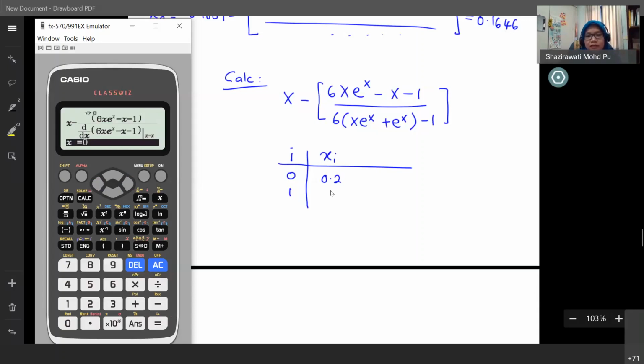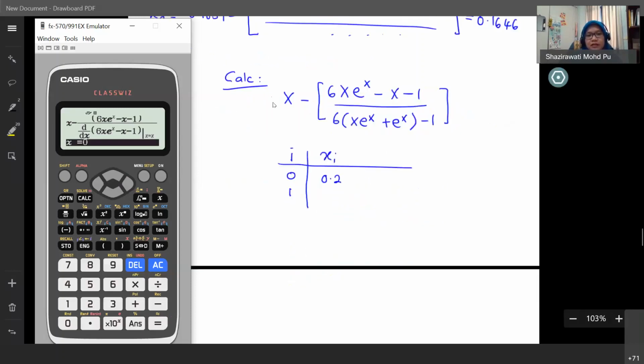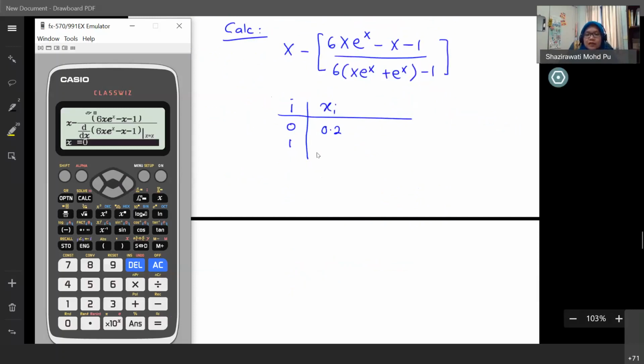Now you want to fill in your table here for x1. Based on the manual calculation, at the first iteration you have x1. How do you get the x1? By using the value of x0 in your formula. So in the formula you are using x equals 0.2.